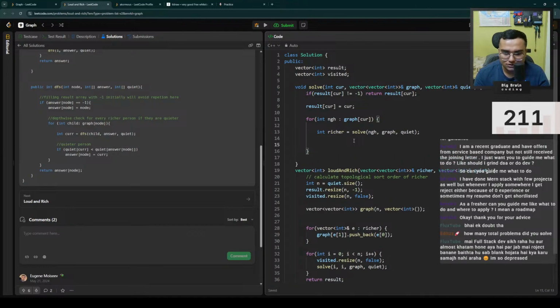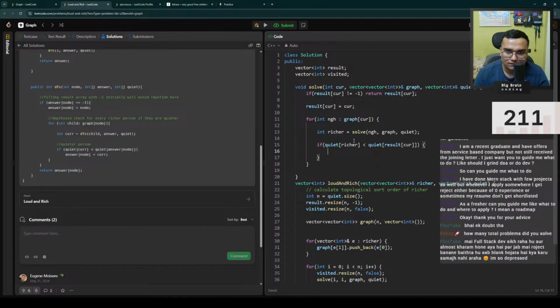Richer equals this, if quietness of richer is less than quietness of current or result of current, then result of current equals richer.